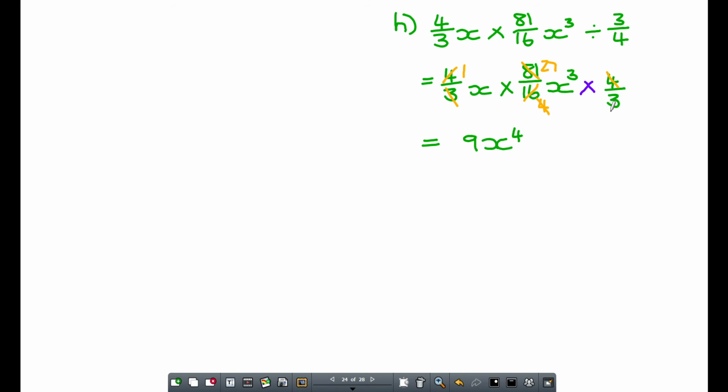But 3 will go in once and 3 will go in here 9 times. So have a look at the top. 1 times 9 gives me the 9. And at the bottom it's 1 times 1 times 1. So that's why I just have 9. Right? And then x times x to the power 3 will give me x to the power of 4. Any questions there?